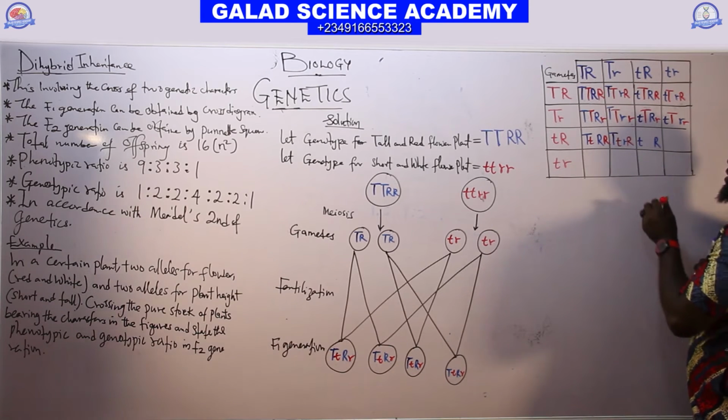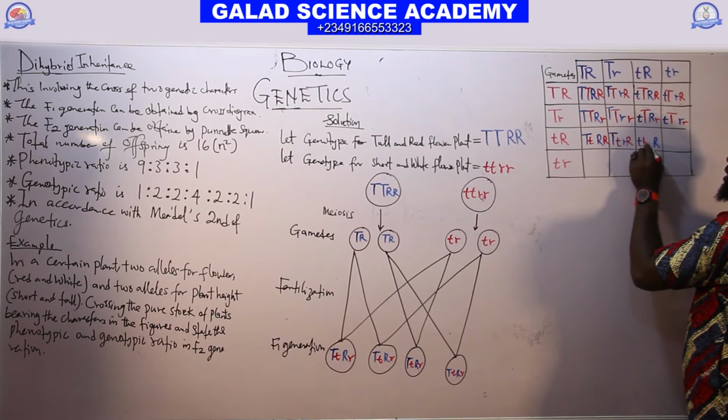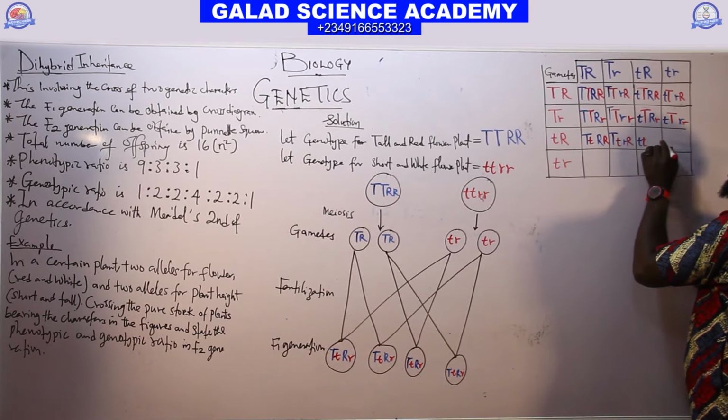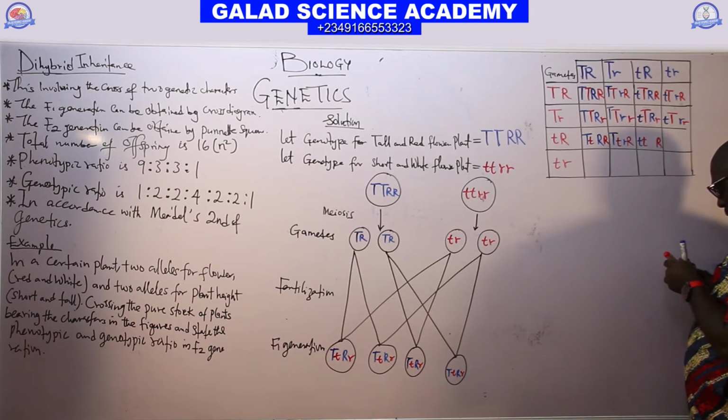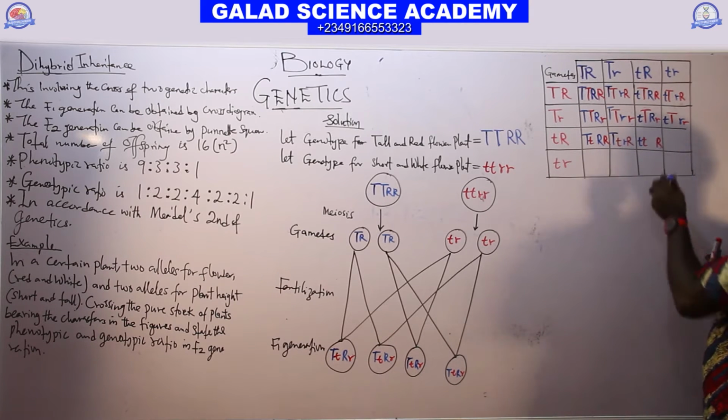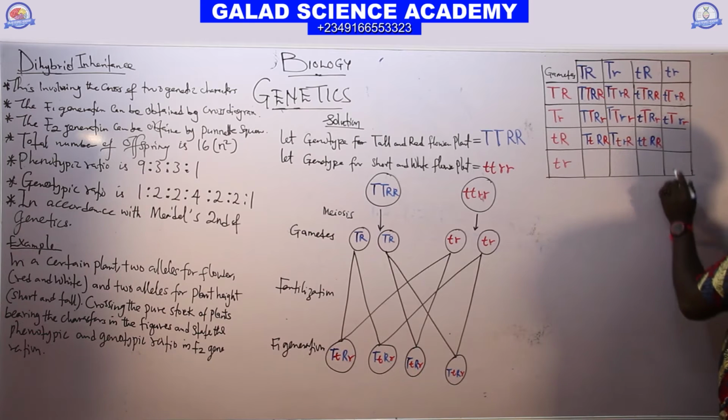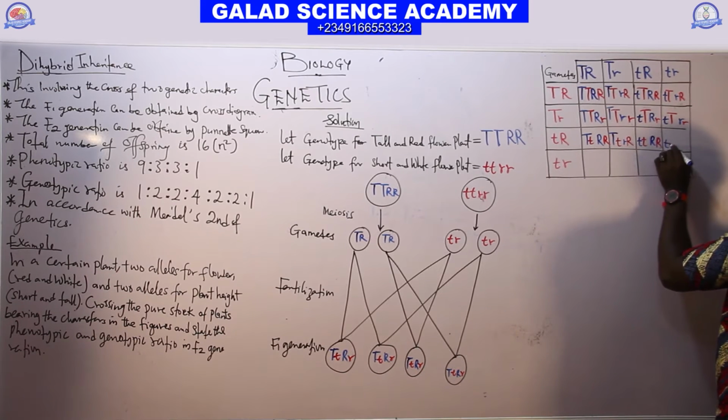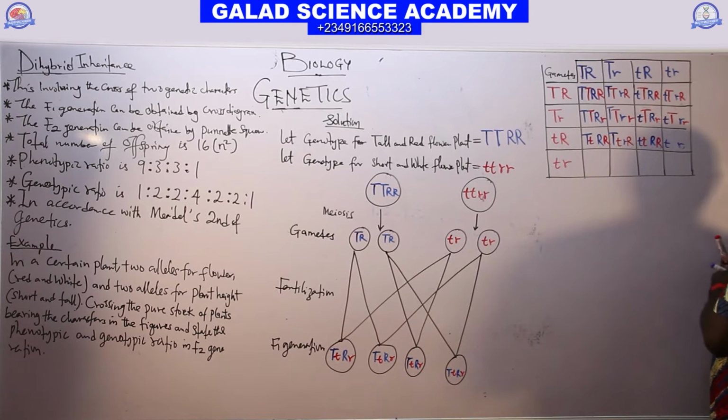So here we have small t, big R. Here we have small t, small t, small r.